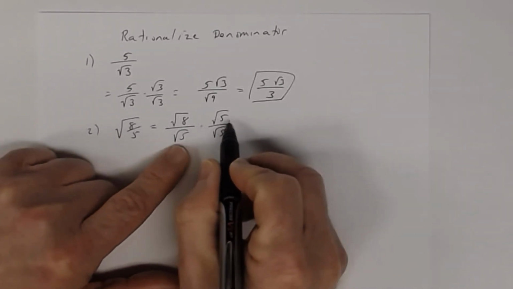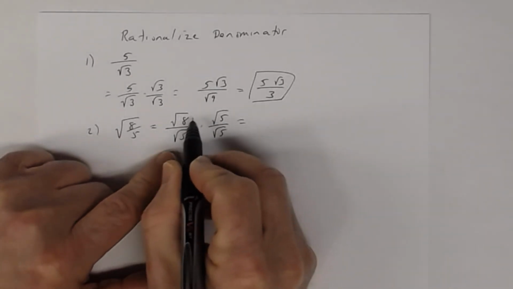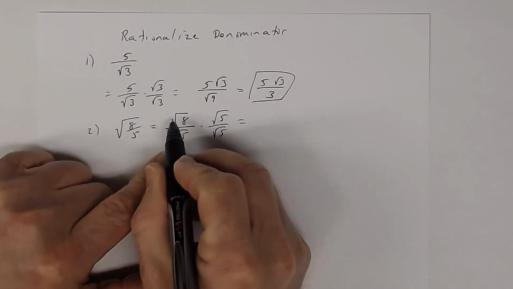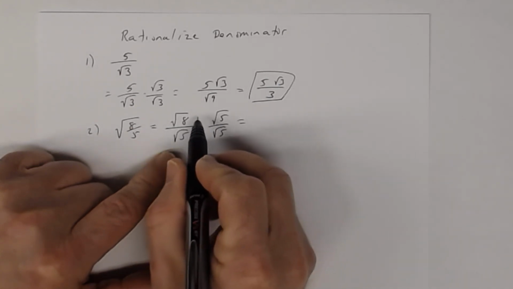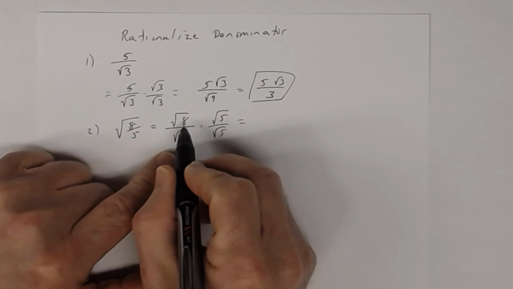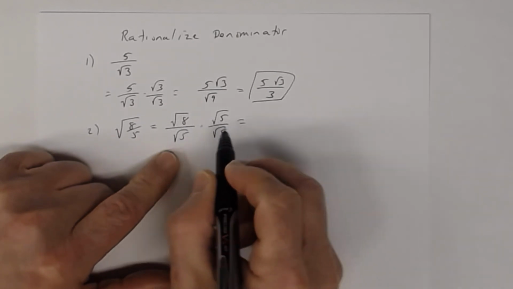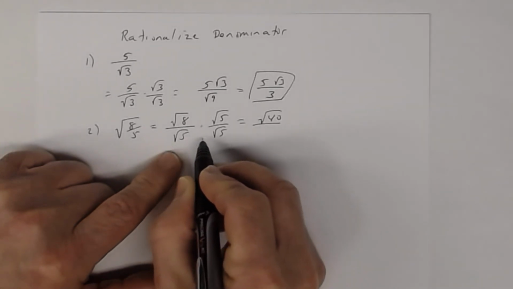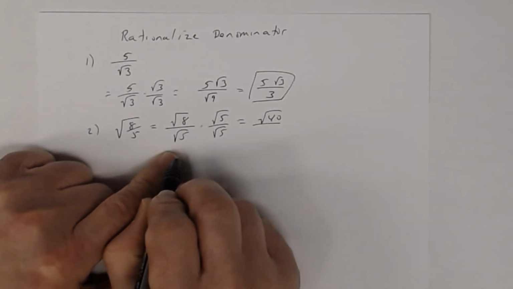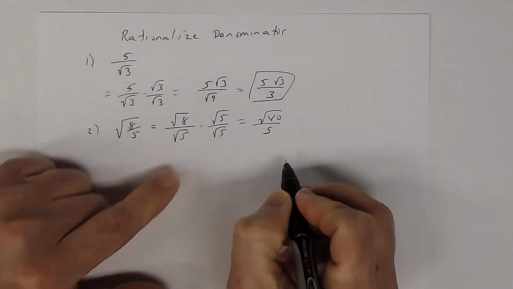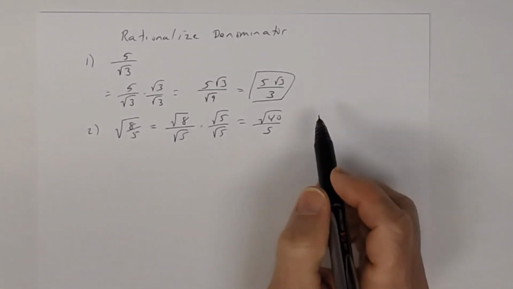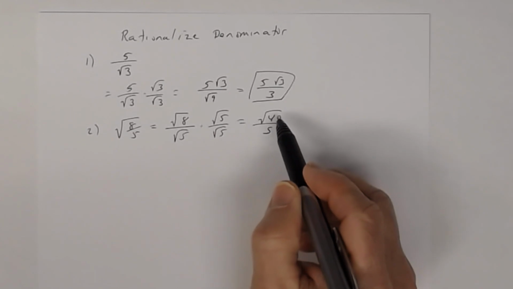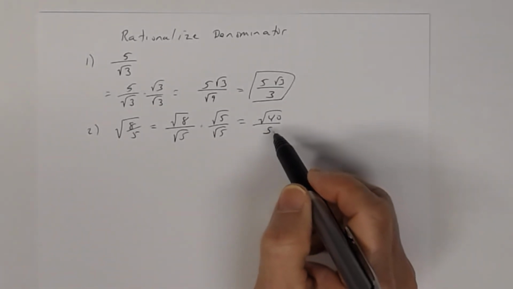Now remember, we're going to use the product rule now. So remember, when you multiply radicals and the indices are the same, square root, you can multiply the radicands together. So this is the square root of 40 divided by, and then the square root of 5 times the square root of 5 is the square root of 25, which is just 5. All right, now, one other thing you've got to remember is that you need to simplify any radicals if possible.